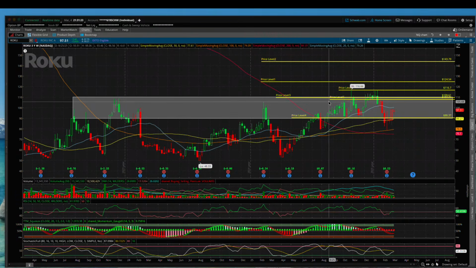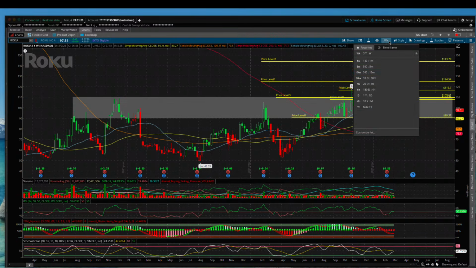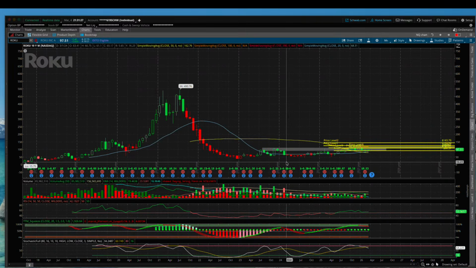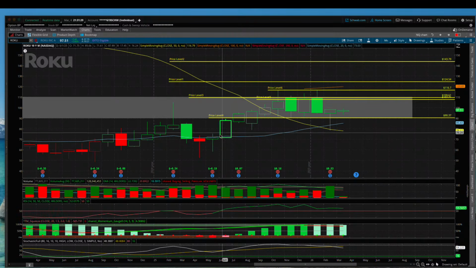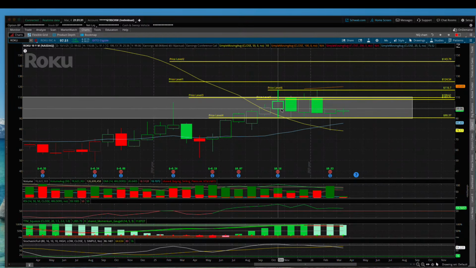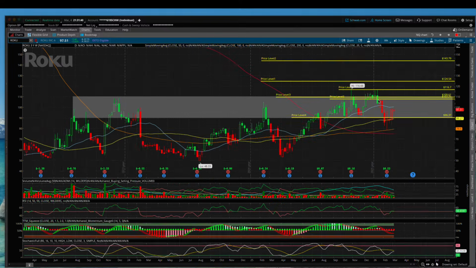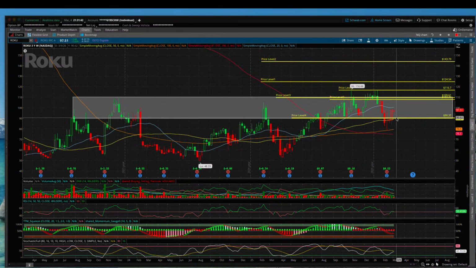Okay, this is a large consolidation zone. It doesn't look horrible in the monthly, but you've been going 1, 2, 3, 4, 5, 6. This is the 7th month you're in this consolidation zone. So it's kind of the lower end, so that's kind of a good thing.